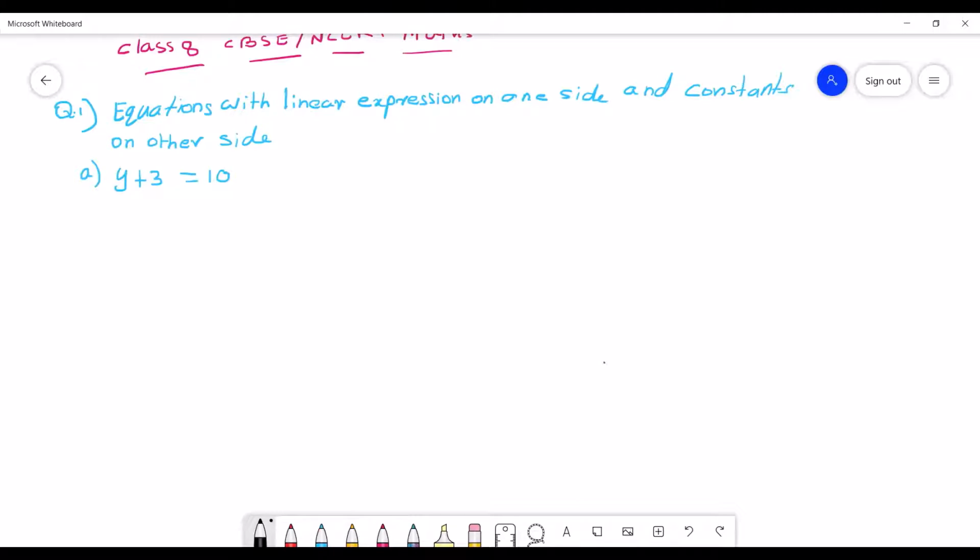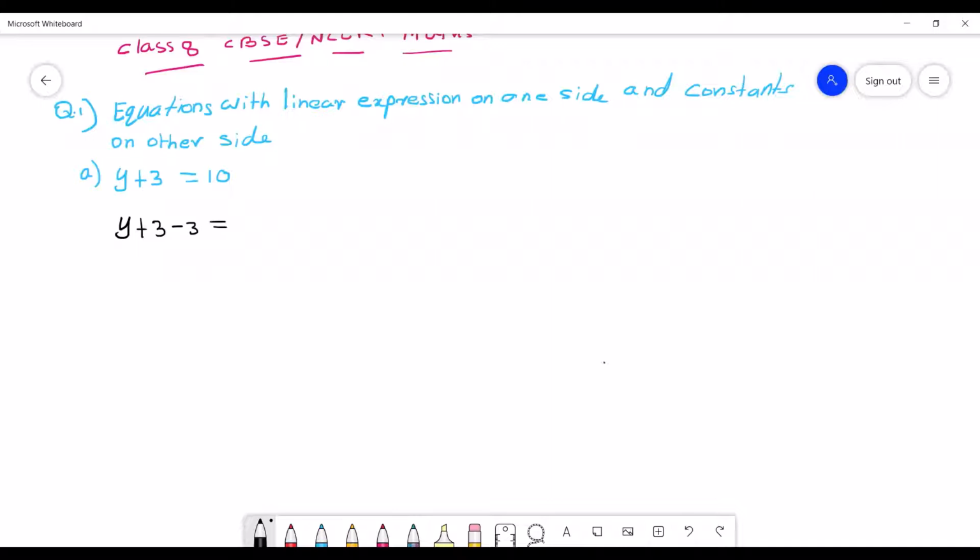Now here in y plus 3, along with the y, a plus 3 is there. If we can eliminate this 3 in the proper way, then we can get what y is equal to. So here y plus 3 is there. For removing the term 3, we have to add minus 3.